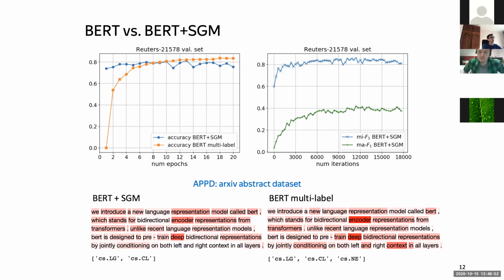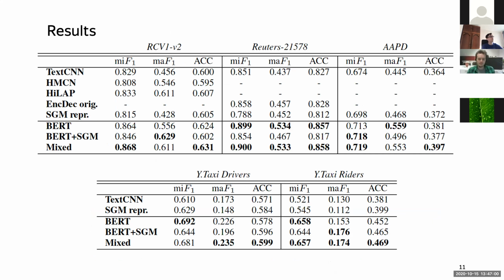We also observed that BERT-based models show more favorable results in comparison to other models. We also, for example, took 2 baselines, HMCN and HILAP, from 2019 conferences.